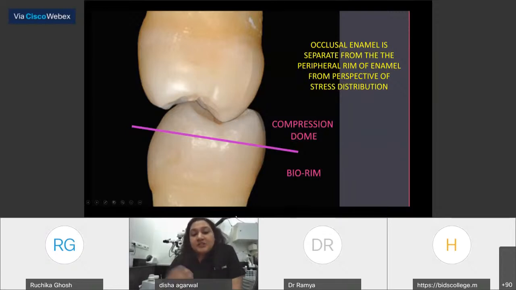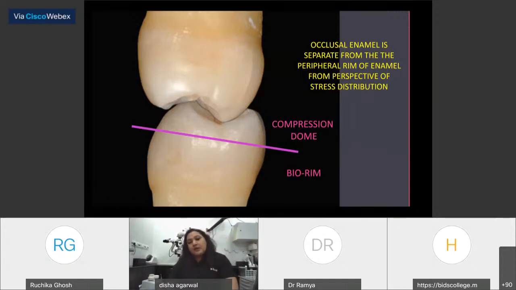If you go into Dr. Milicich's papers, he's given a concept called the compression dome. So we all know about the biorim. If we pass a line through the height of convexity, the enamel above the line would be your compression dome, and the enamel below that line would be what you call the biorim.